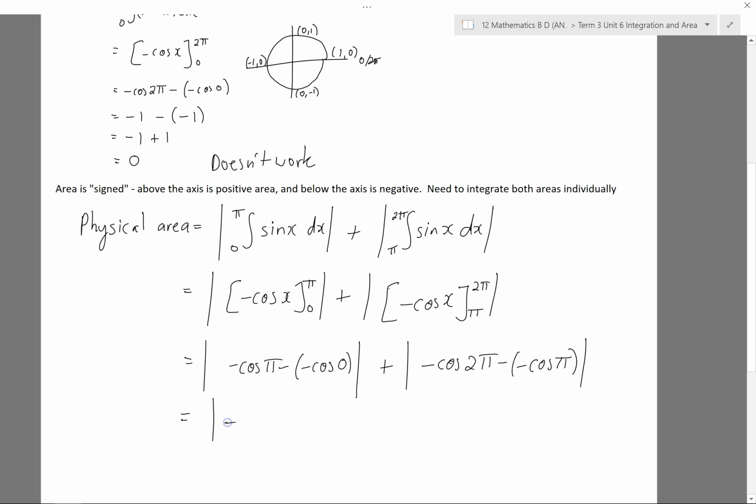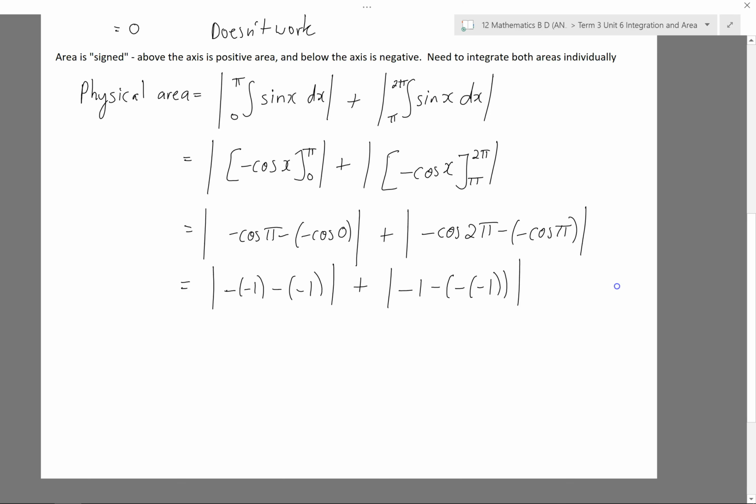Minus, what's cosine pi? Pi's over here, so that's minus 1 minus what's cosine 0? That's 1. Yep. Plus minus cosine of 2 pi, which is 1. Minus cosine of pi, which is minus 1.